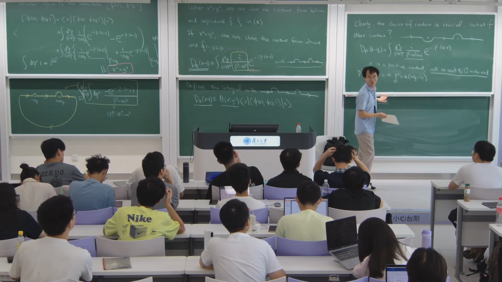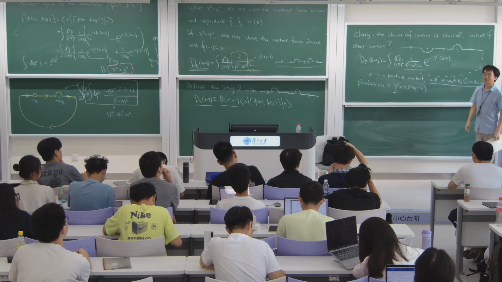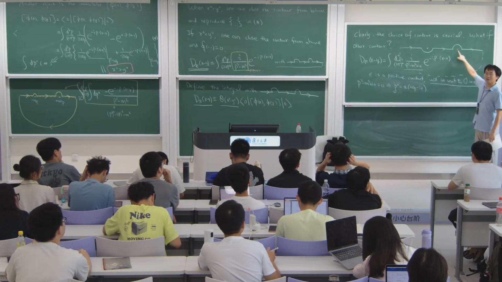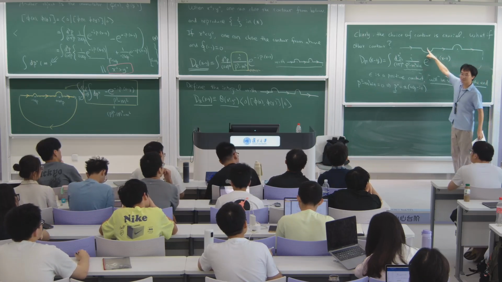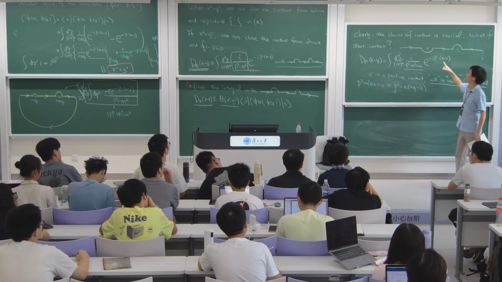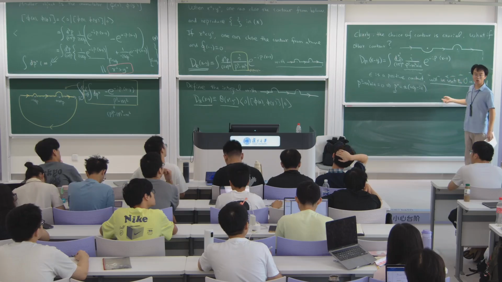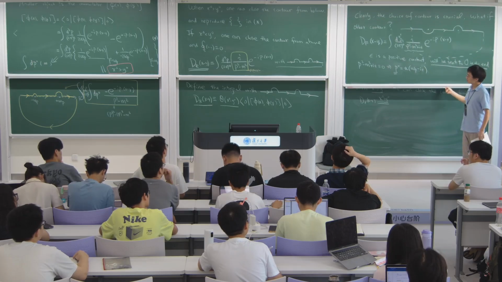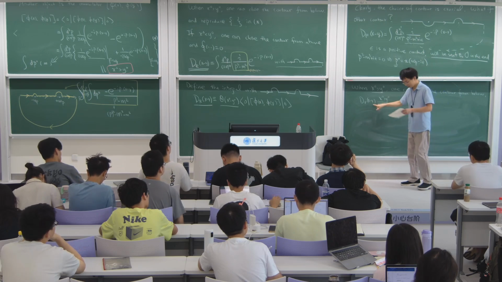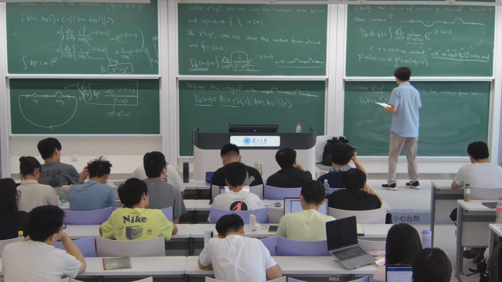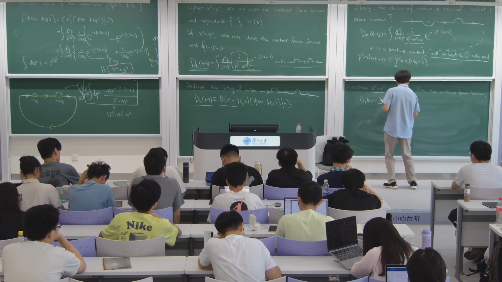You pick up which residue? You pick up only this one. This one is avoided, it is not inside my contour, because I close my contour from below. I only get this point's contribution, which means under this condition, when this is satisfied, this DF has only one contribution.